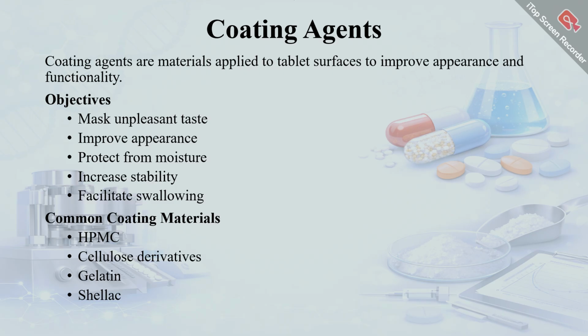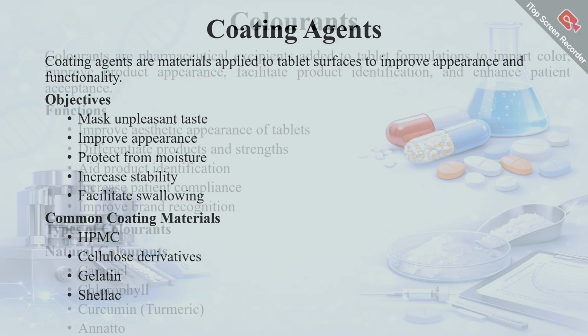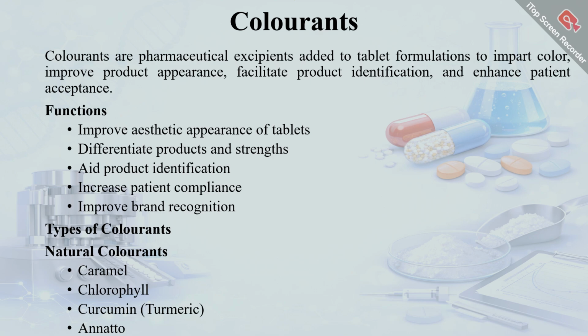Here, in brief, the objectives are to mask unpleasant taste, improve appearance, protect from moisture, increase stability, and facilitate swallowing. Not all tablets will be coated, just those tablets which don't look very good. In such cases only, we will use coating agents. Common examples of coating materials are opadry, shellac, gelatin, and cellulose derivatives like HPMC, hydroxypropyl methyl cellulose.